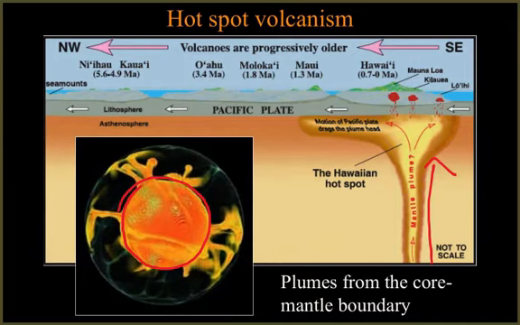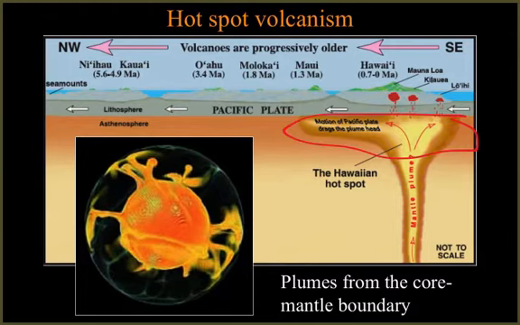So this is an image of what it might look like, but it is literally the deepest, hottest part of the mantle, right at that core-mantle boundary, that generates these giant plumes that rise up, almost straight up in some cases, and then pond beneath the lithosphere and generate the volcanism that feeds these hotspot volcanoes. And in this example, it's Hawaii, and you see the motion of the Pacific Plate and this trail of islands that the hotspot has left behind.